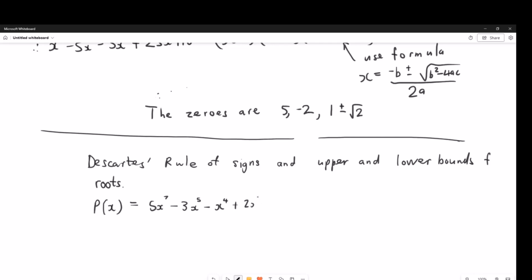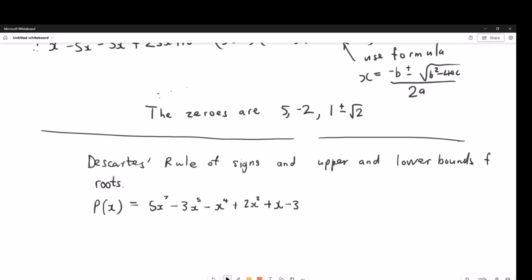You can see that the powers are descending here: x to the 7, x to the 5, x to the 4, x squared, x to the 1. And then there's minus 3 times x to the 0, which is minus 3 times 1.